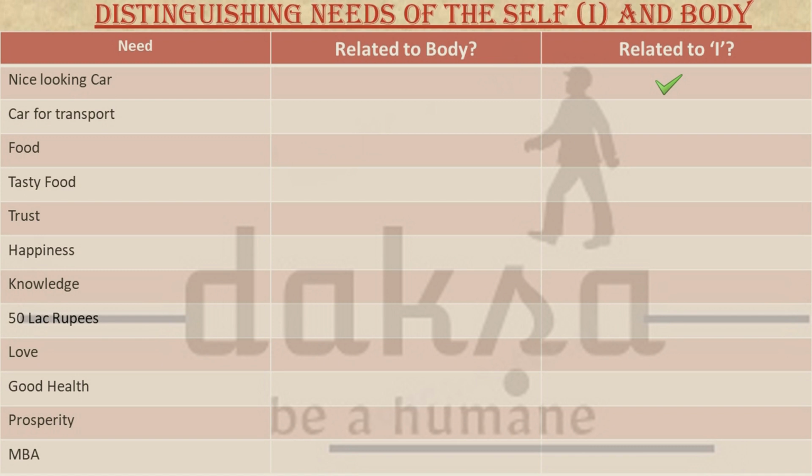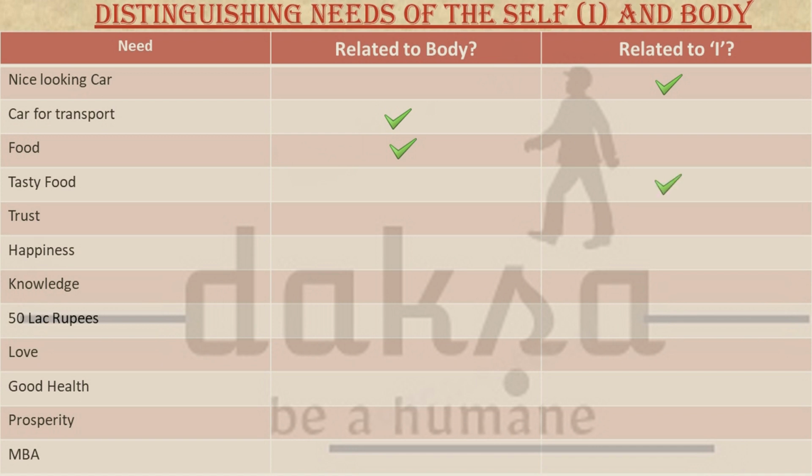The next one is car for transport. Obviously, the car for transport is for the body, for the right utilization of the body. Food, obviously body, because that nourishes the body. Now tasty food, obviously, is required by I. Why so?